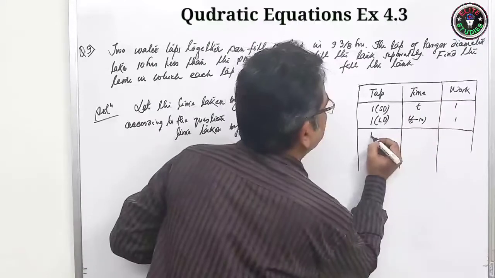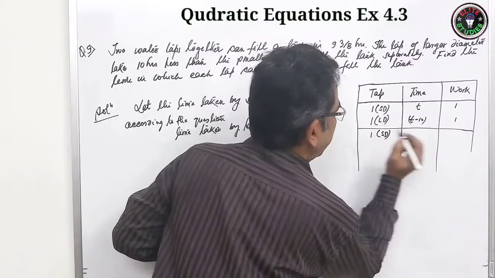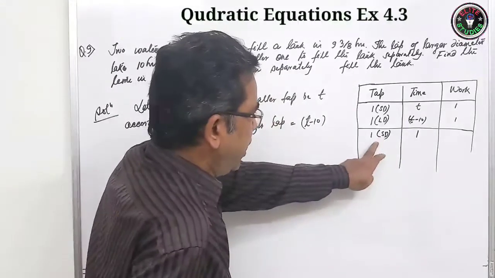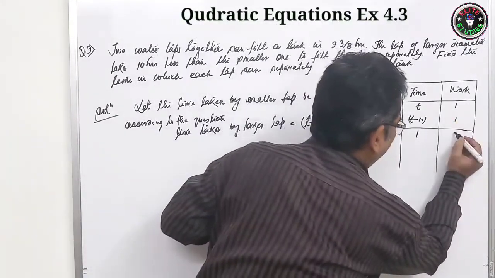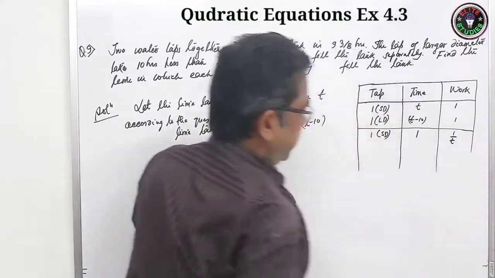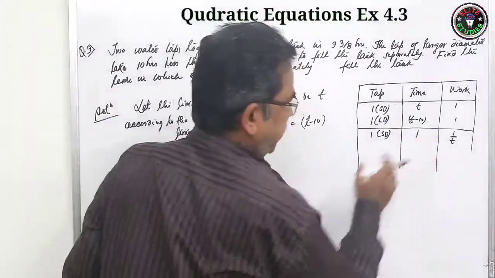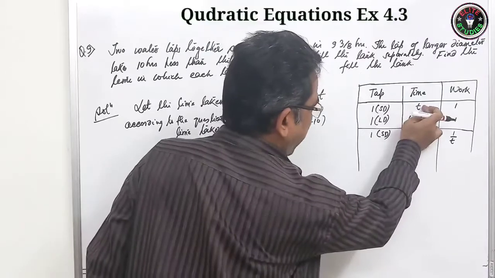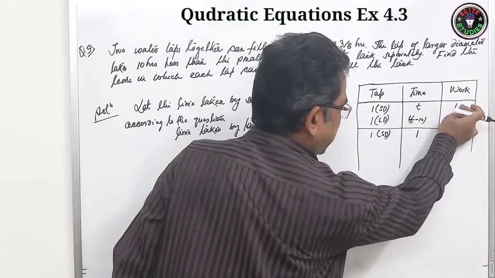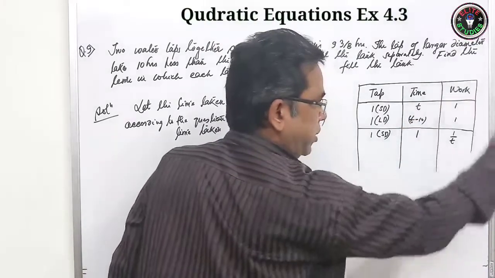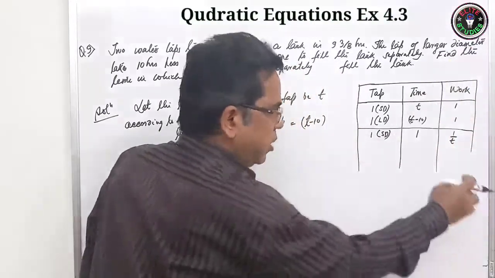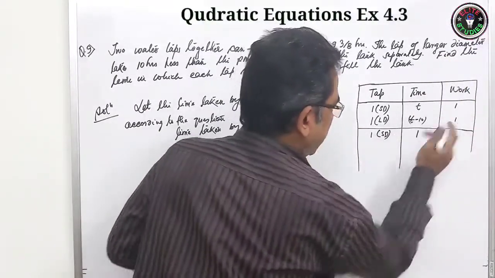So you write the smaller diameter work in 1 unit time as 1 by T. This requires a little bit of thinking. Suppose the smaller diameter tap takes 5 hours to finish the given task, that is 1 unit. Then in 1 hour it will do less work. So 1 by T.